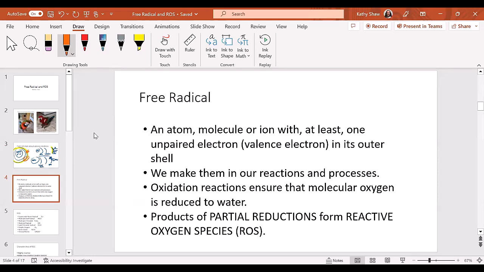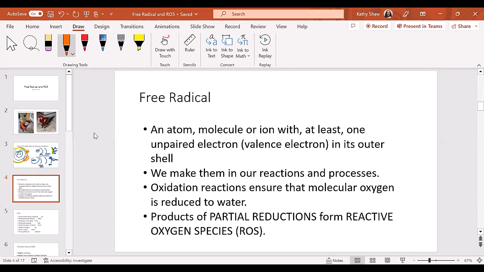So the oxidation reactions ensure that molecular oxygen is reduced to water. That's going to get very important. This whole thing is based not only on the valence electrons and the need for 8 electrons in the outer shell, it's also based on our oxidation reduction story.